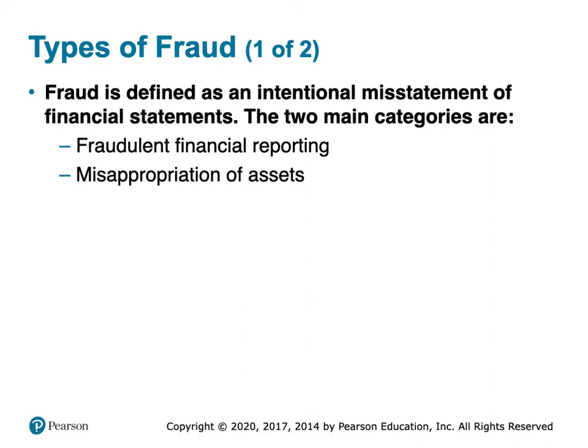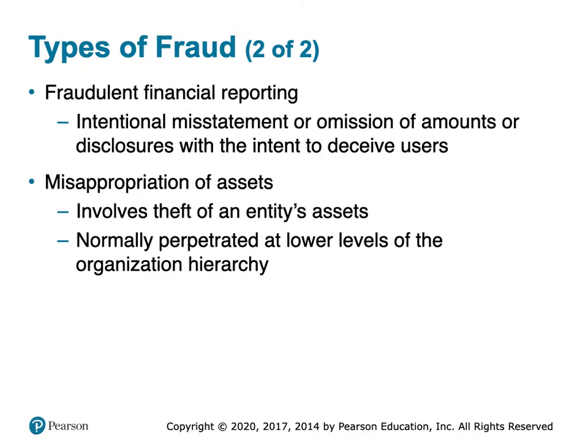The two main categories of fraud are fraudulent financial reporting and then misappropriation of assets. We'll talk about each of these individually. So, fraudulent financial reporting is where you intentionally misstate or omit items or amounts that should be reflected in the financial statements with the specific intent to deceive the users of the financial statement.